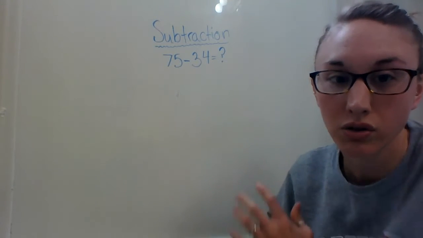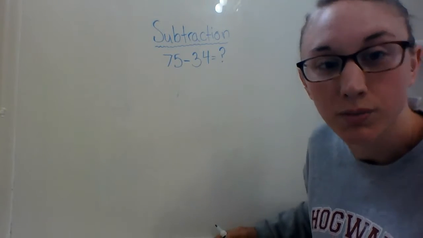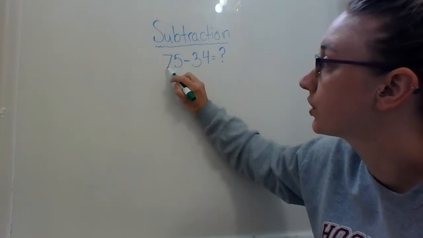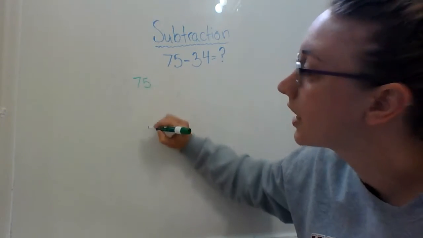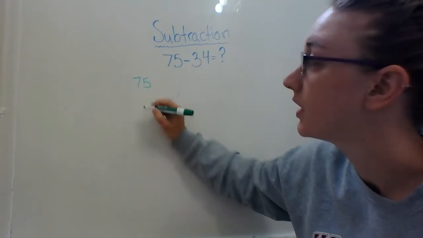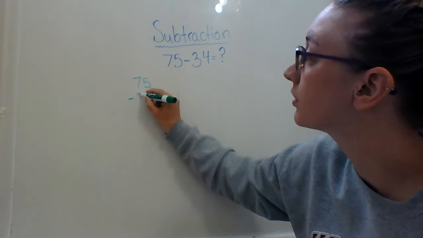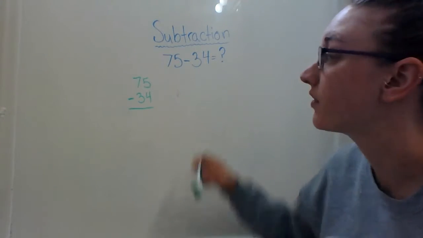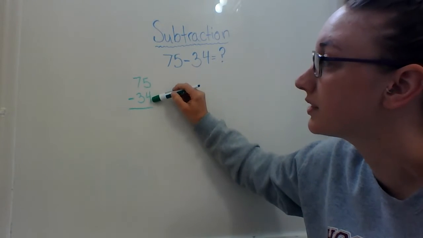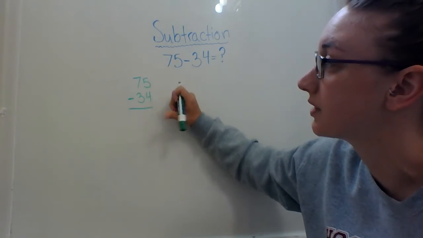So here's what traditional looks like for subtraction. You're going to start with the big number, 75. That goes on top. Then you're going to stack 34 right underneath 75. You have to make sure your ones place is lined up and your tens place is lined up.